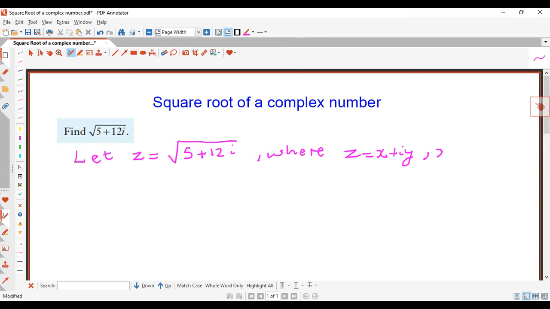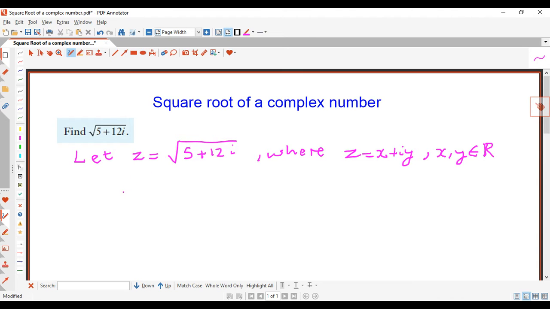And remember, x and y are elements of the real number system. Okay, so x and y are both real. Now, that's how we start the question off.